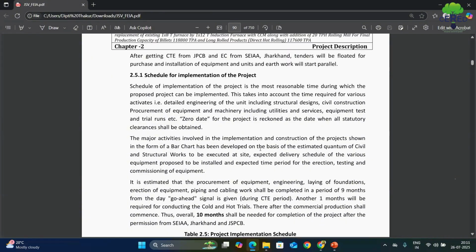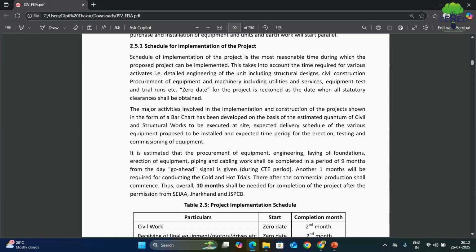Next is the schedule for implementation of the project. So if any project proponent or any company wants to start any industrial activity or developmental activity, only EIA report preparation and EC grant is not the final point or final destination for them, because after EC grant, they have to take a CTE, which is consent to establish.